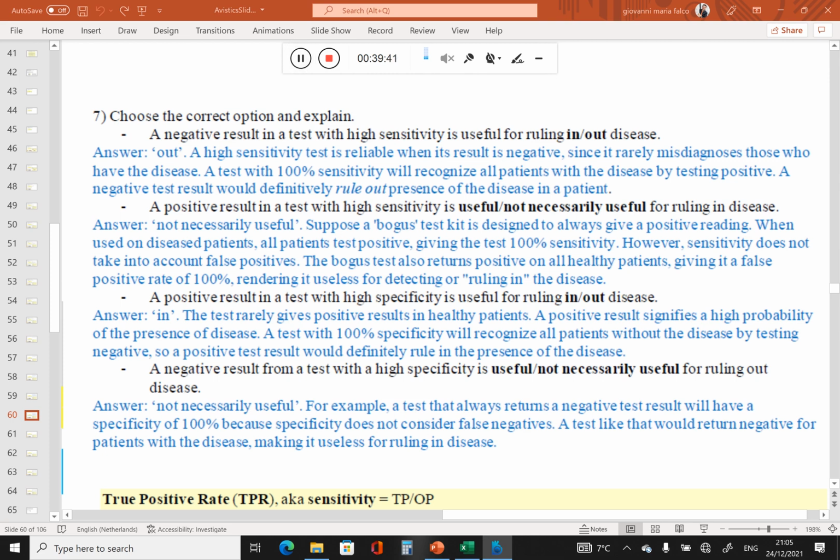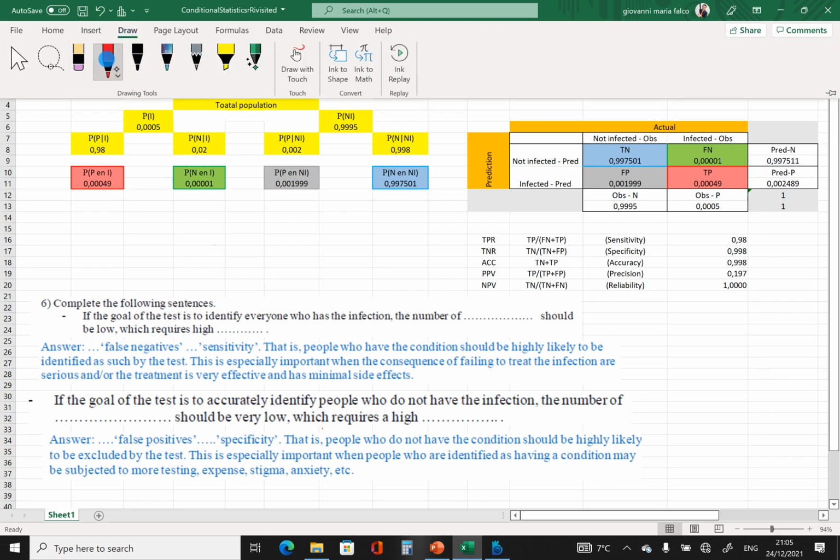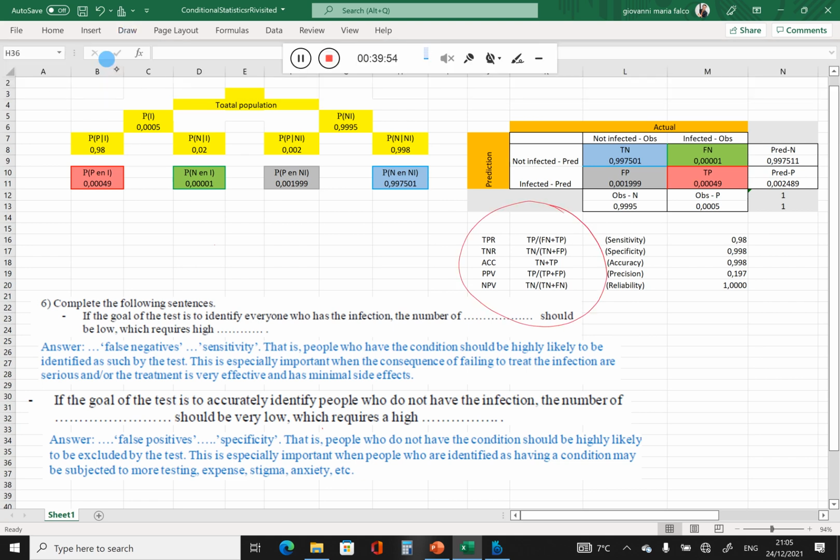And what I want to stress is that in all these answers I made use of the definitions, the formulas which define these parameters. Basically this is the best way to think about specificity, sensitivity and the other measures.